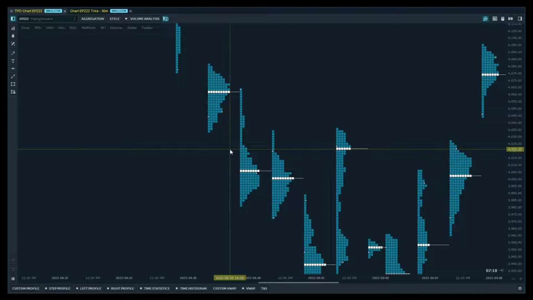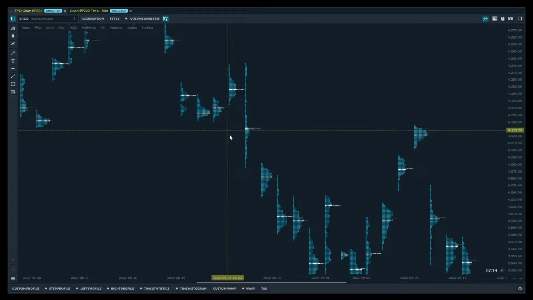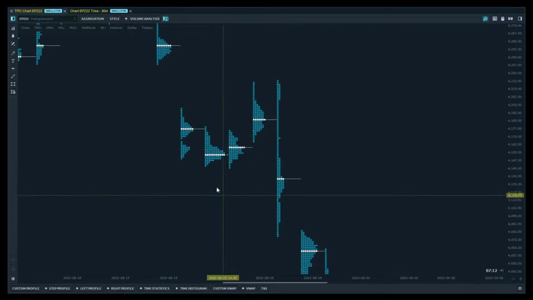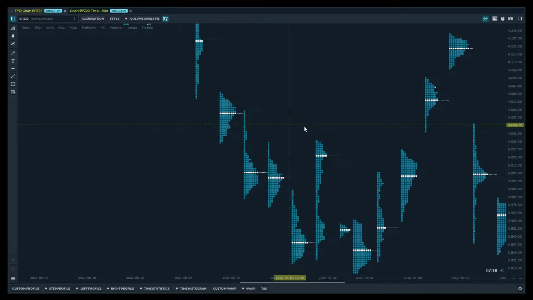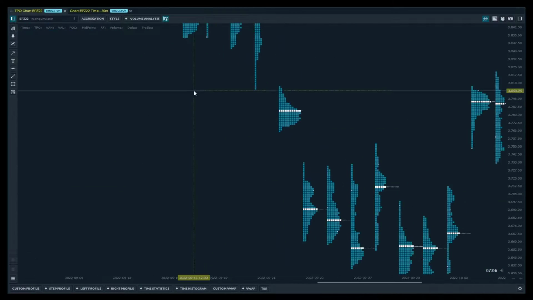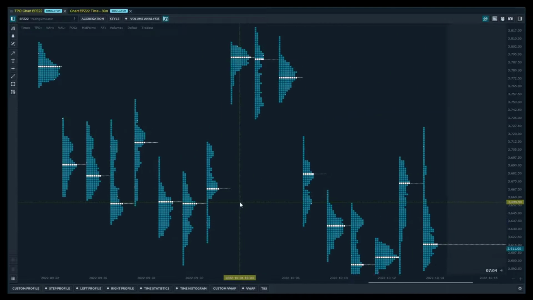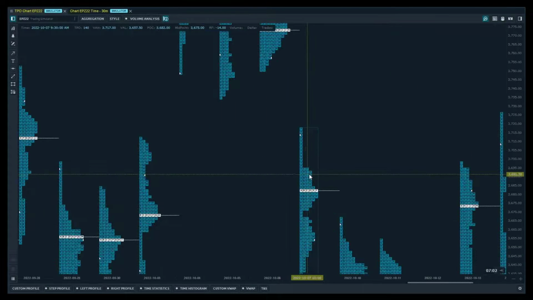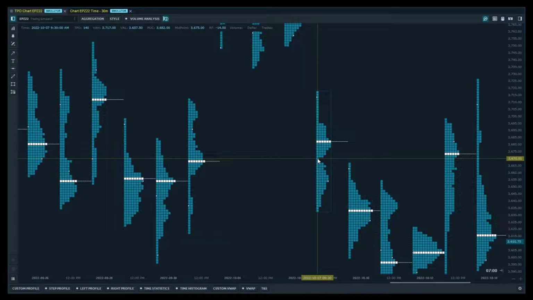So the next day type we'll have a look at is the uppercase B-shaped day, also known as a double distribution. So there's one over here, and there's one back here on October 7th.